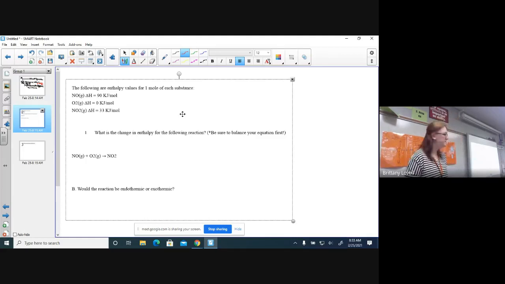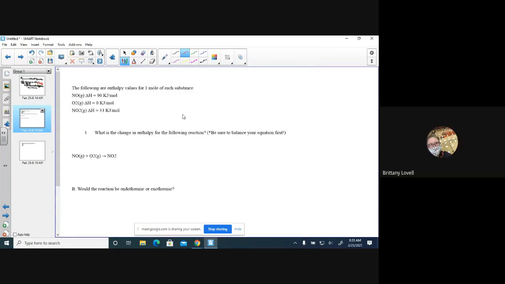Okay. So the following are enthalpy values for 1 mole of each substance. What's the change in enthalpy for the reaction? All right, so this was the enthalpy formula that was in the notes from a few weeks ago, I think maybe from our snowcation. Okay, you have your enthalpy.